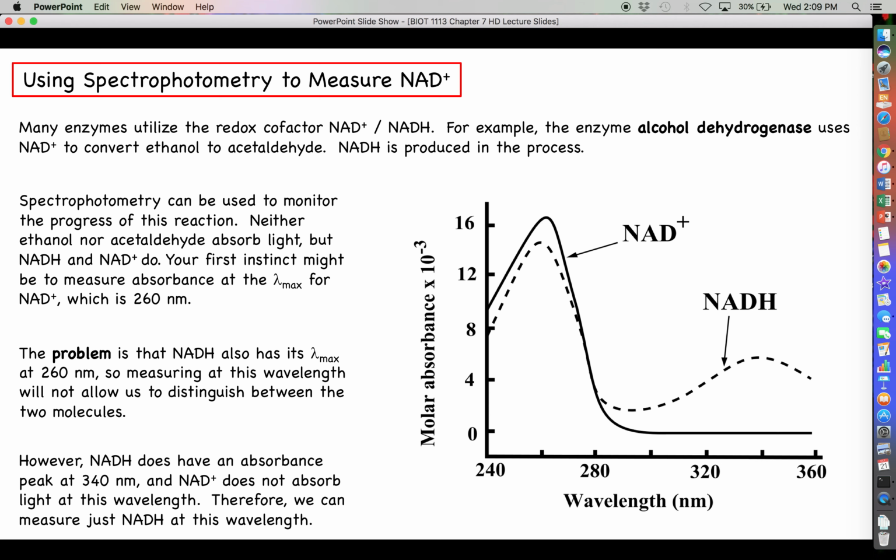But you'll notice NAD+ does not absorb any light at 340. So if we instead pick 340 nanometers instead of 260, we can distinguish between NADH and NAD+, because if there's any NADH in the solution, we'll pick that up at 340 nanometers. And if there is none, then we should not get any absorbance readings.